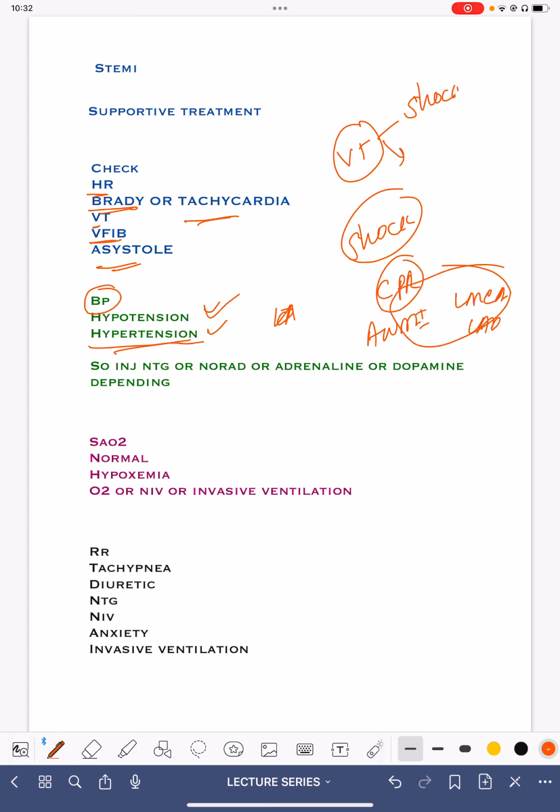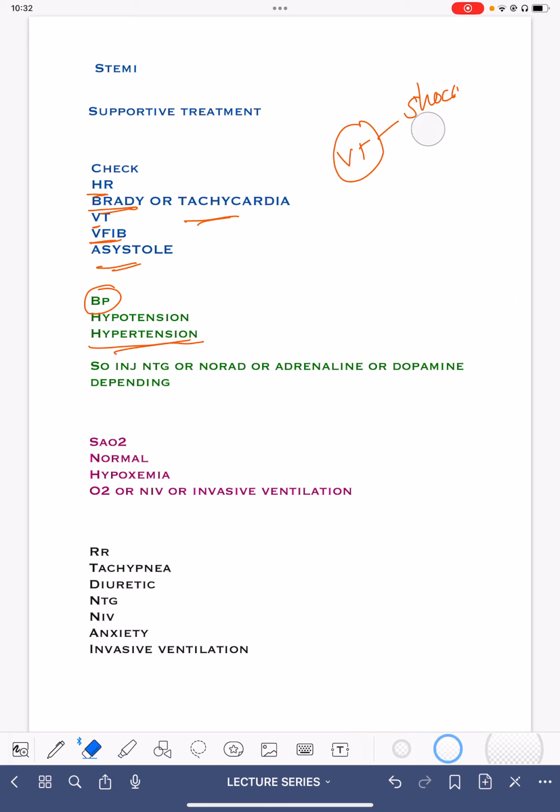Now, if the patient has hypotension, then it has to be definitely corrected with a very cautious use of IV fluids, because the patient may land up in pulmonary edema again. So fluids can be started at 30 to 40 ml per hour, and the patient very carefully monitored for signs of pulmonary edema or drop in saturation or tachypnea or increase in RR.